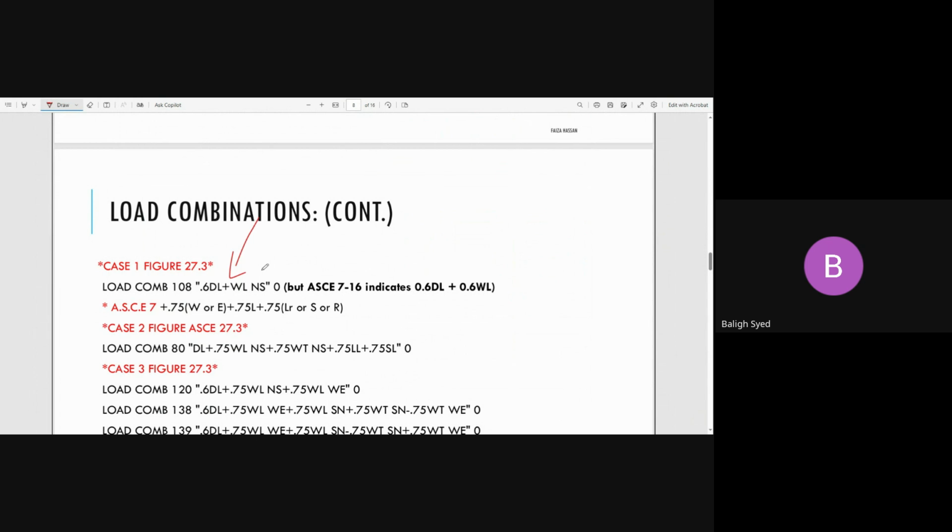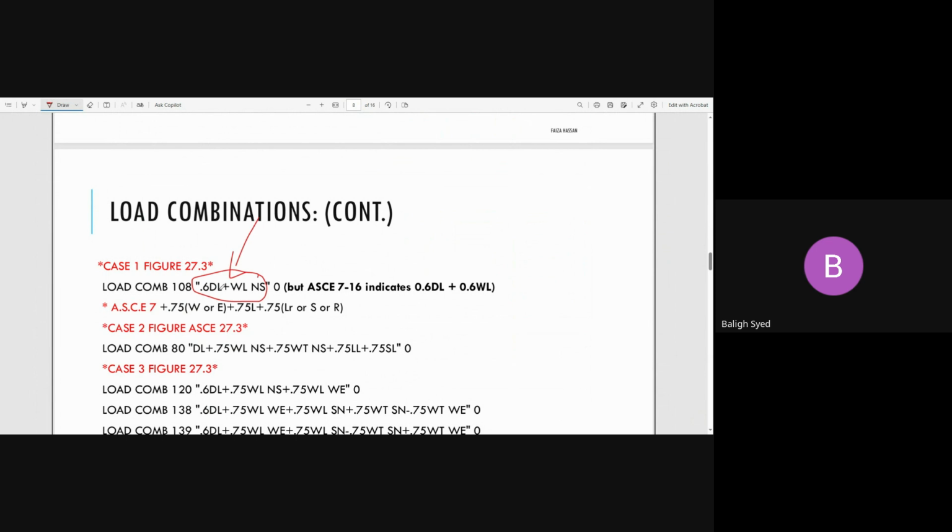Till AC 702, 705, the wind loading was at service level. So this was the best load combination for us to calculate the uplift at the base of the column, or wherever we wanted to get it.